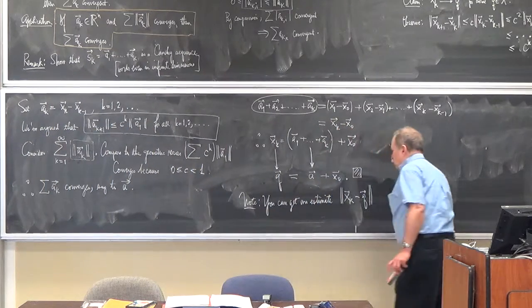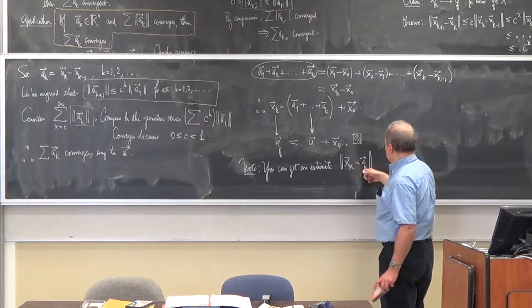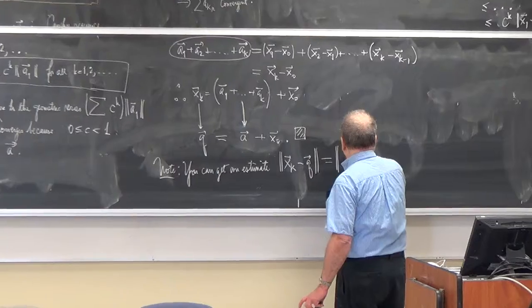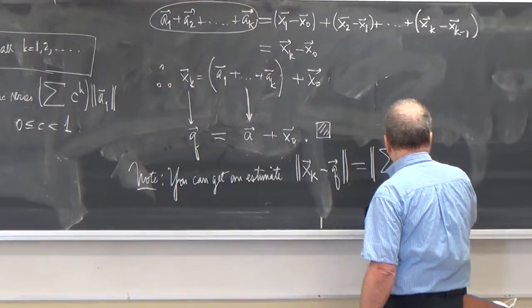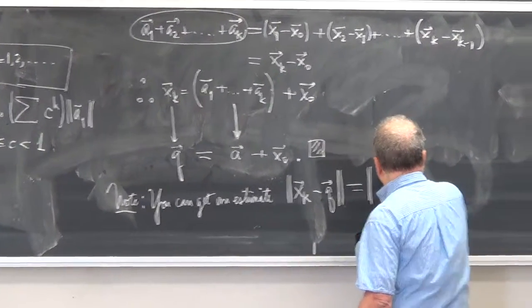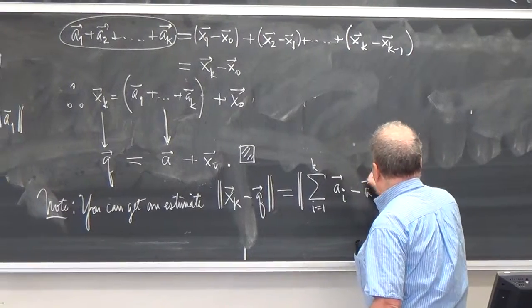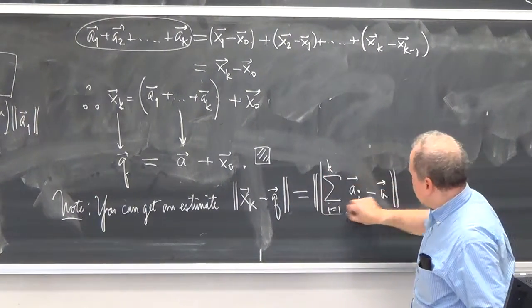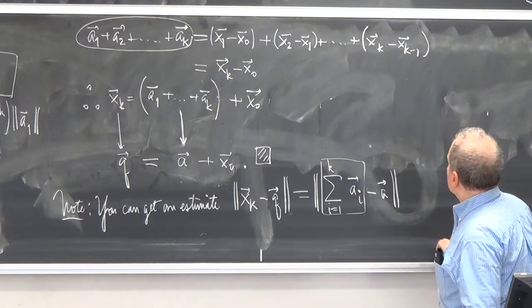So you can estimate how far xk is from the limit by saying that's the same thing as how far the sum of the a's is from the limit. This is the partial sum of the a's, a1 to ak, minus the limit.